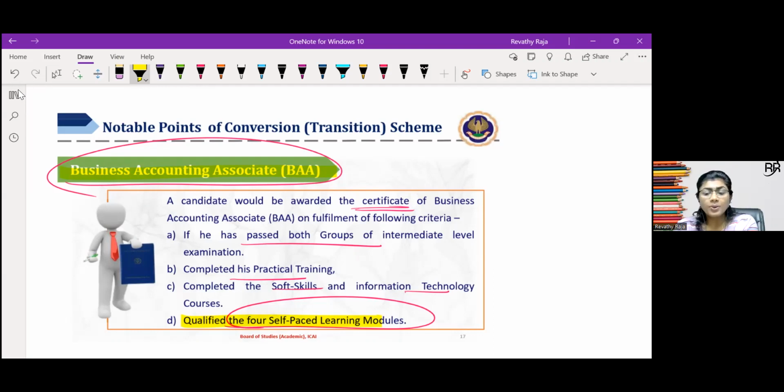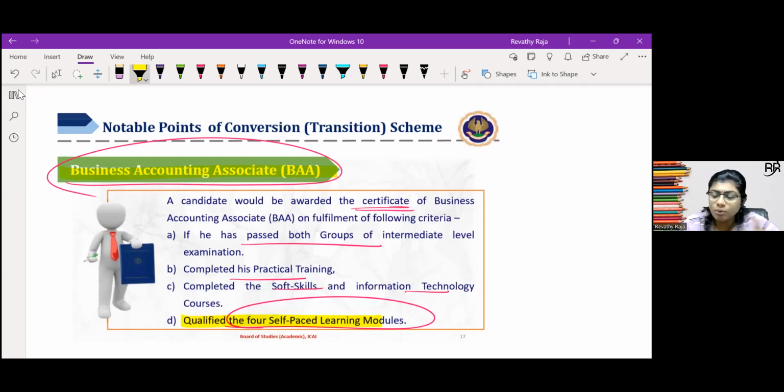Okay, so let me wind up, students. All the provisions which we were discussing here were regarding the notable points for existing inter students who have cleared, and existing final students. Now assume you are a student who is going to register in the new course inter.